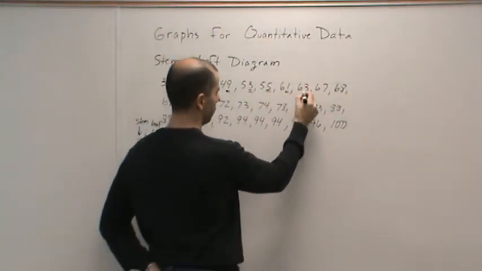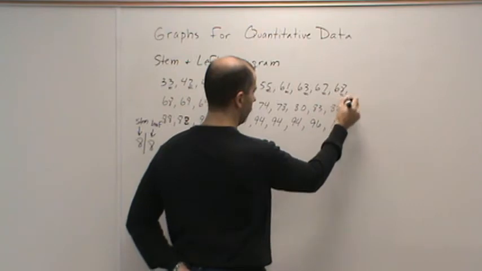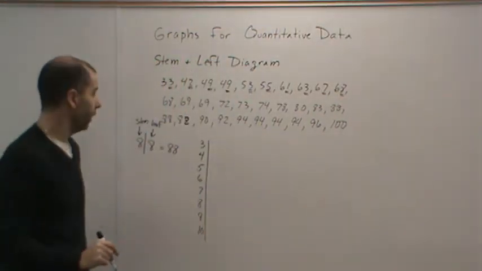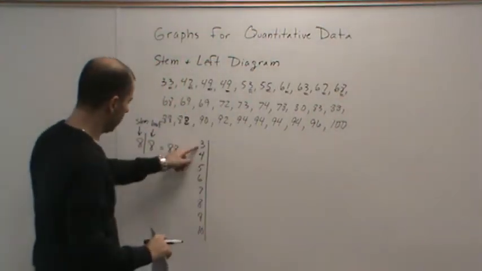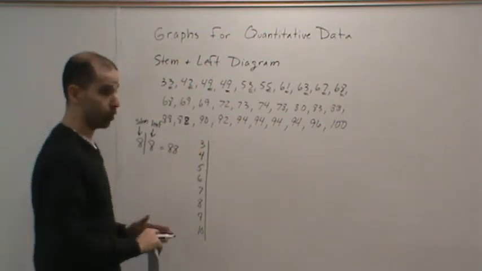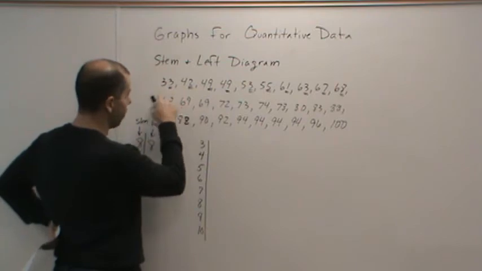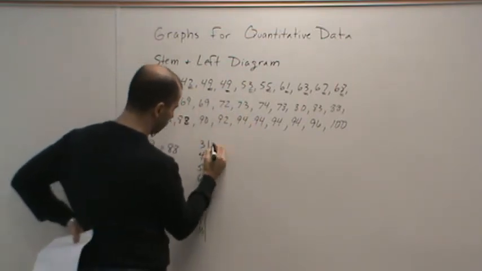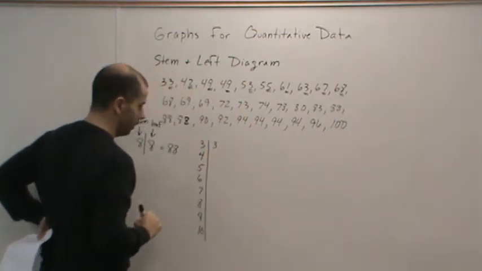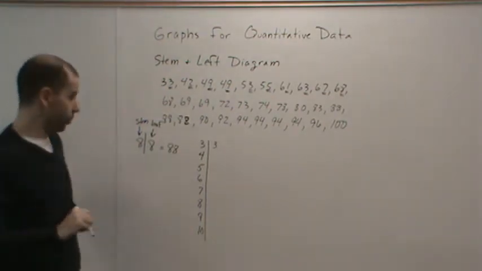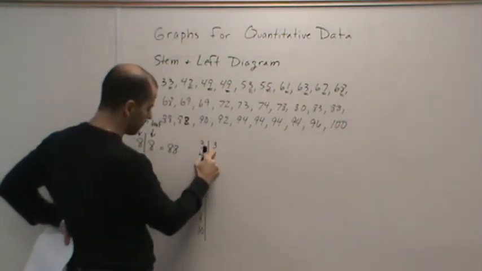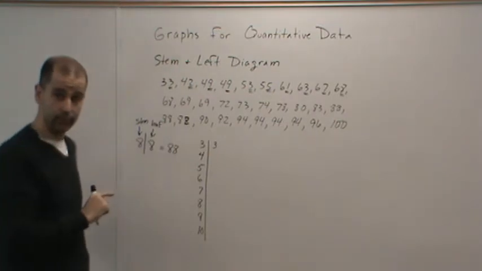So on and so forth. Okay? So now, for the 30s, anything in the 30s, I'm going to go from 0 to 9. So I've got a 3. That's the only 30 I have, a 3. So I'm going to put a 3 here. And so now you can see that this represents 33.